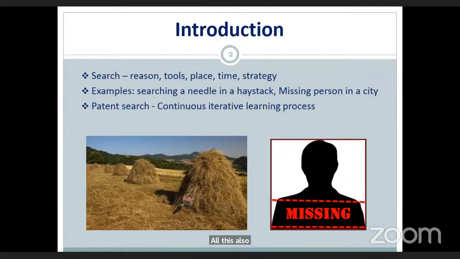But patent searching is a continuous iterative learning process. It means that if you search today, then after 1 year also you need to search again in order to be updated.